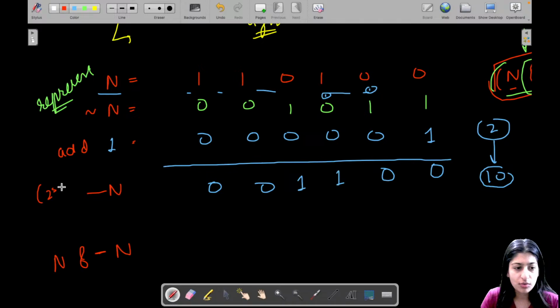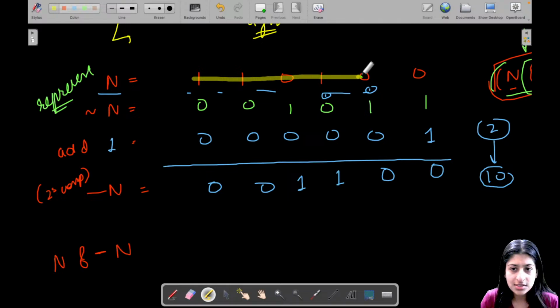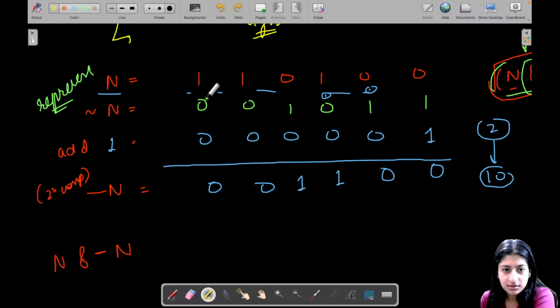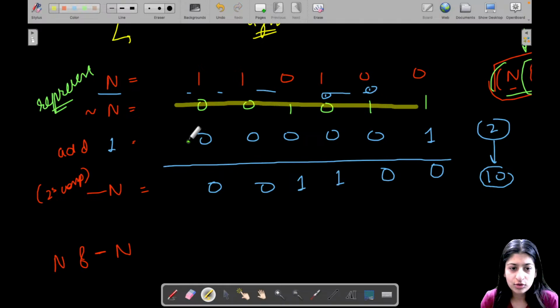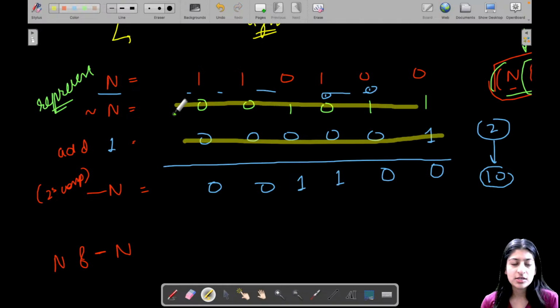This is 2's complement, this is this number. Now your focus should be on this n. I am highlighting it. Now do not see what is here, because your target is n and 2's complement of n. Fine. So let us see what we have.